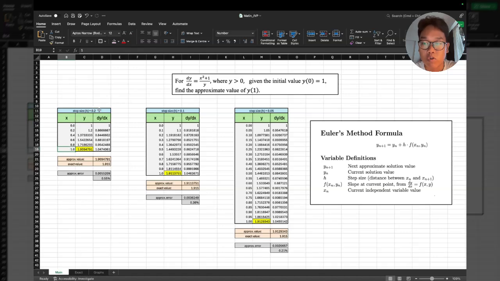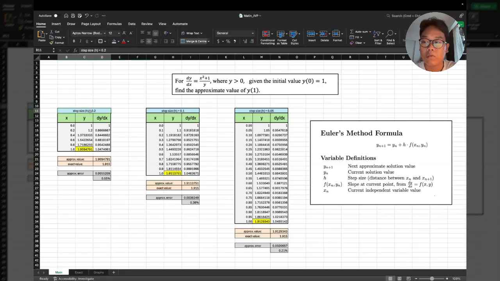Hence, using the step size 0.2, we can approximate that y equals 1.9094791. Now, I've done calculations for two other step sizes, 0.1 and 0.05, to show you the difference it makes in approximating your value.